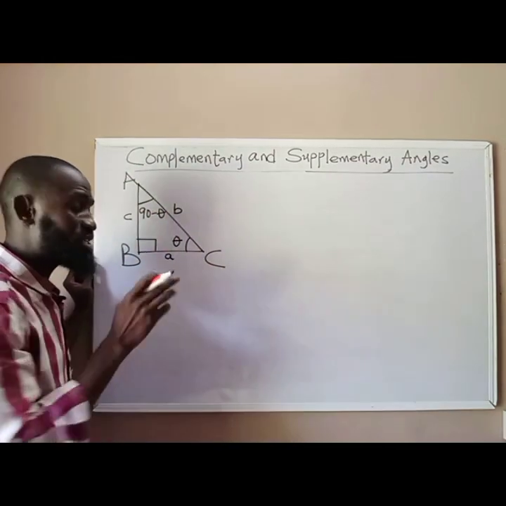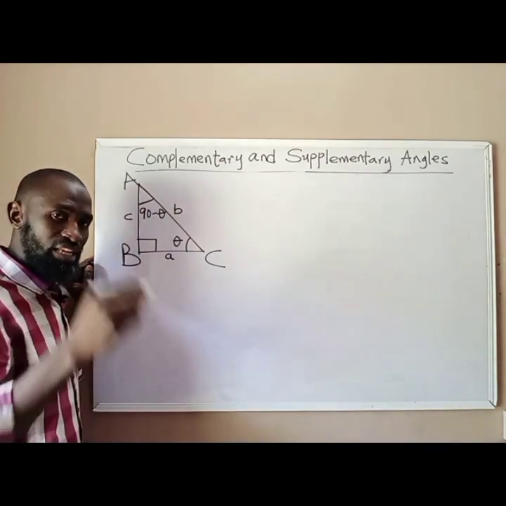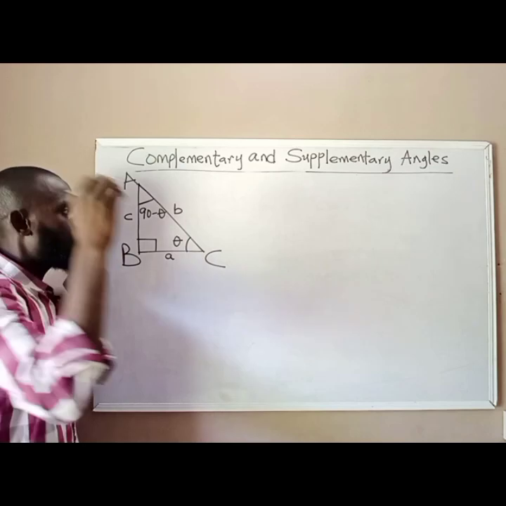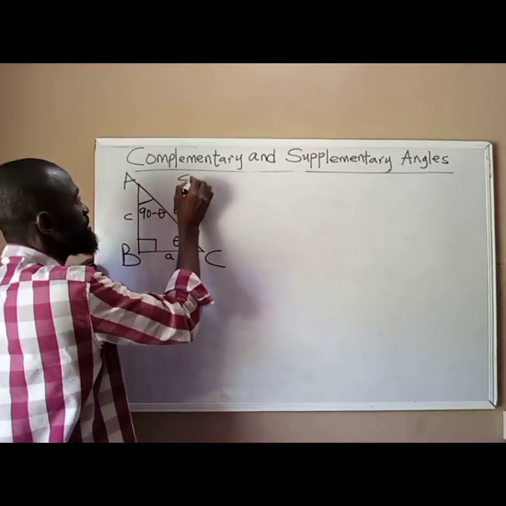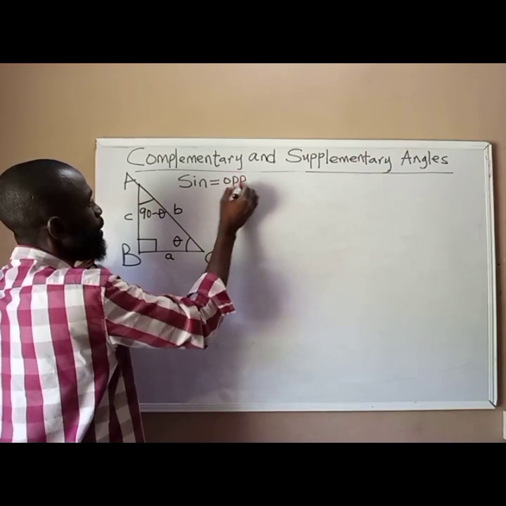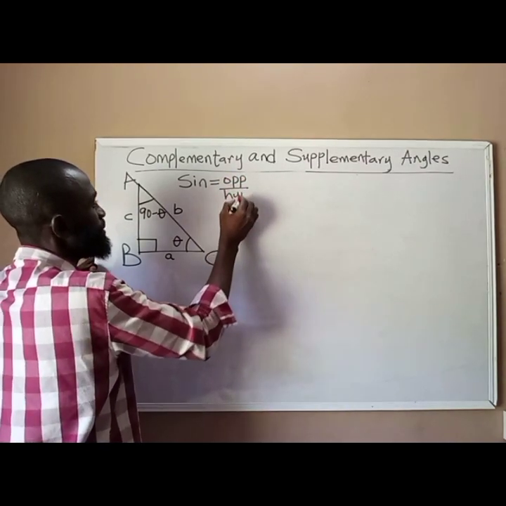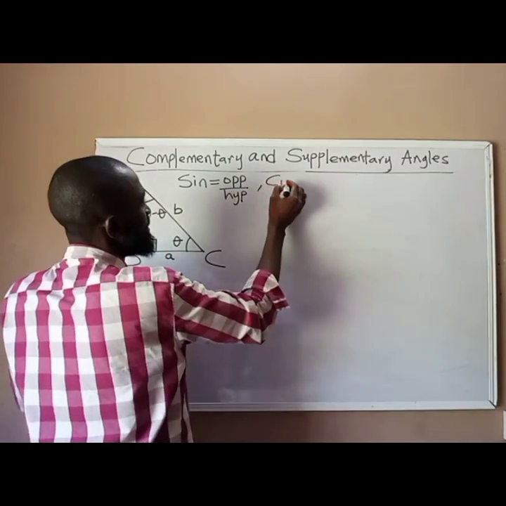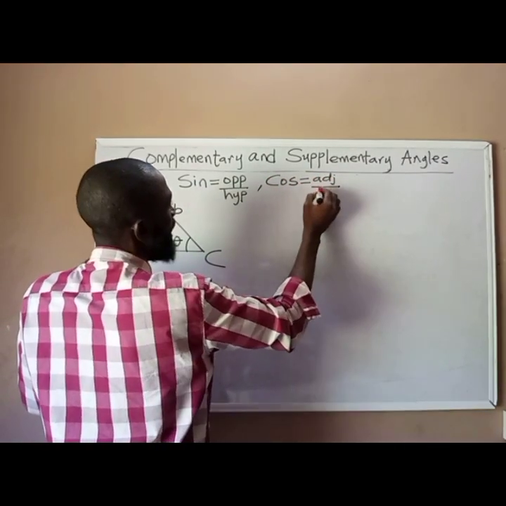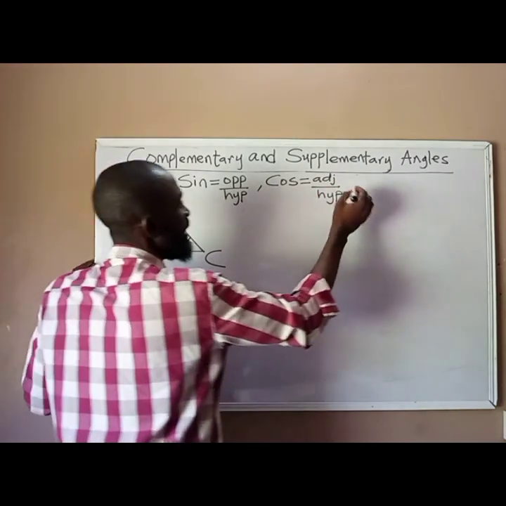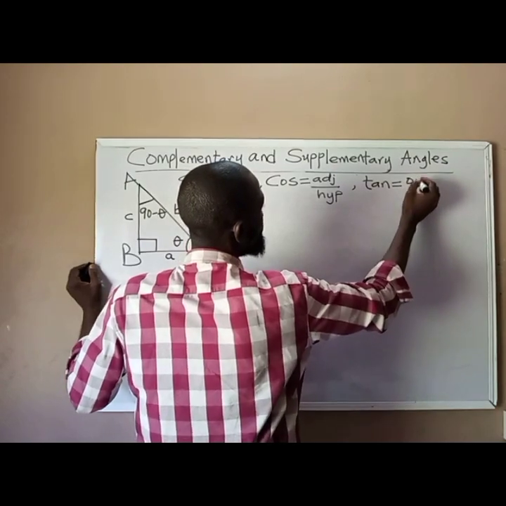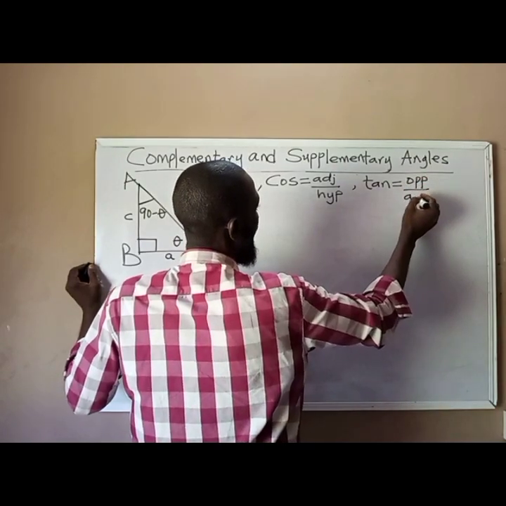Before we establish those relationships, let us take our mind back to our trigonometry ratios. Sine is defined as opposite over hypotenuse. Cosine is defined as adjacent over hypotenuse. And tangent is defined as opposite over adjacent.